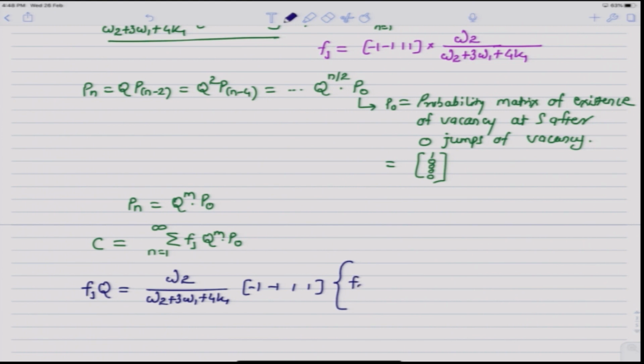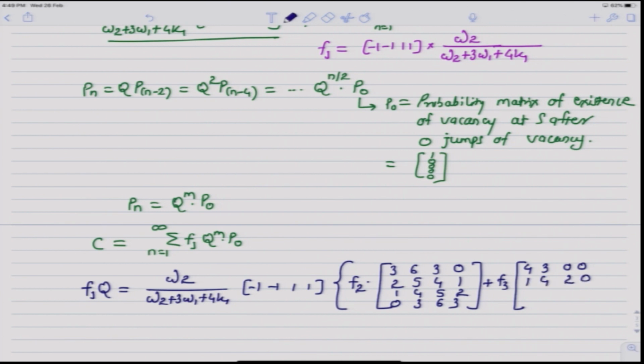Q1 is F2 times the matrix 3 6 3 0 2 5 4 1 1 4 5 2 0 3 6 3, plus F3 times the matrix 4 3 0 0 1 4 2 0 0 2 4 1 0 0 3 4.